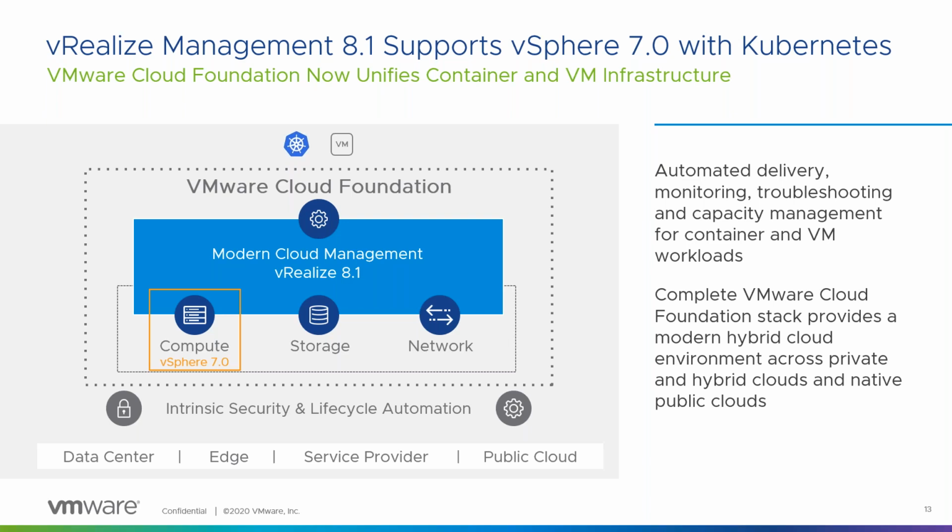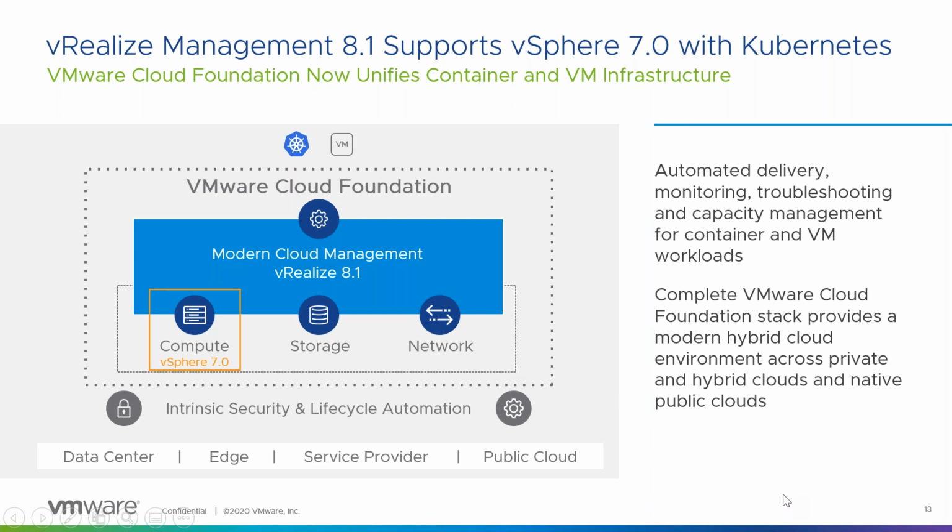And of course, as I mentioned, really excited that we'll support vSphere 7 with Kubernetes. It's deployed as part of VMware Cloud Foundation. So you can look for some great capability there, some visibility into that container management that will be part of vSphere, I should say, that we'll be able to natively consume and understand in vRealize Operations.